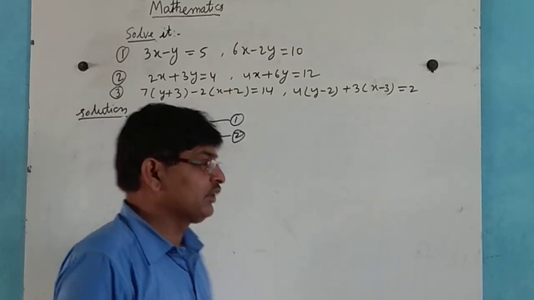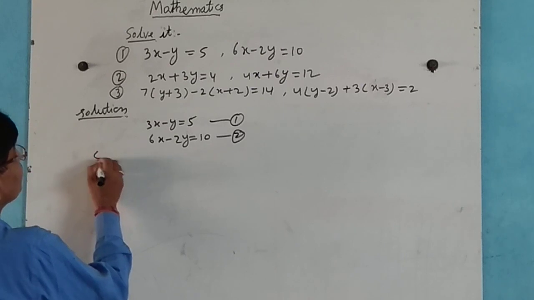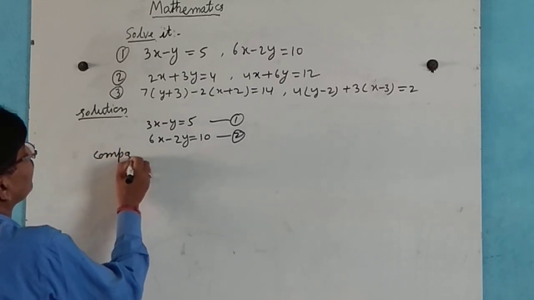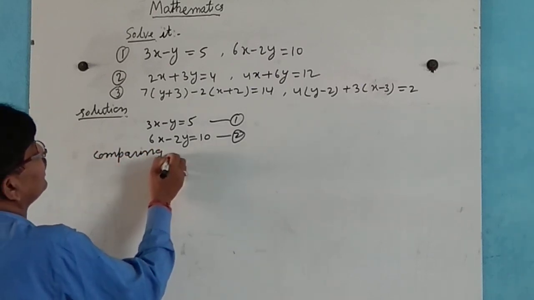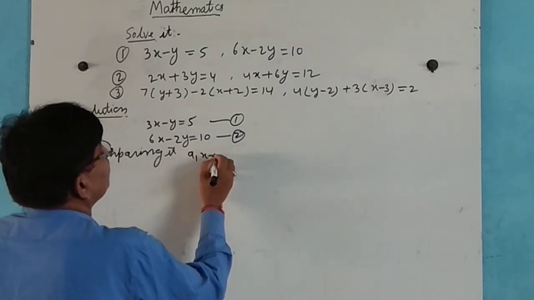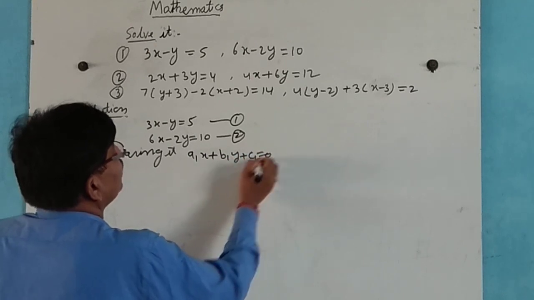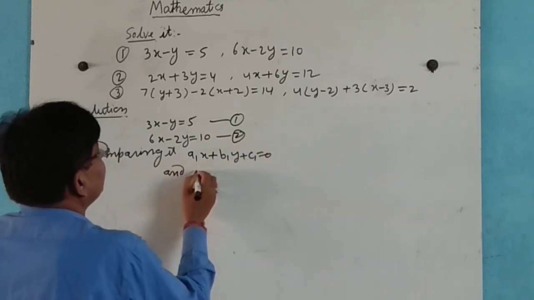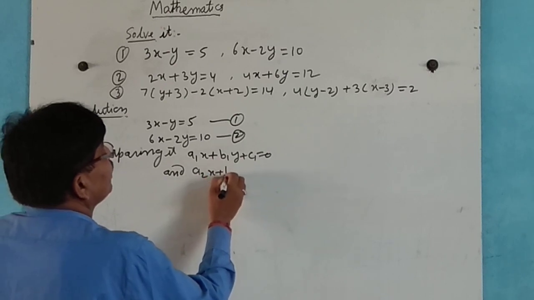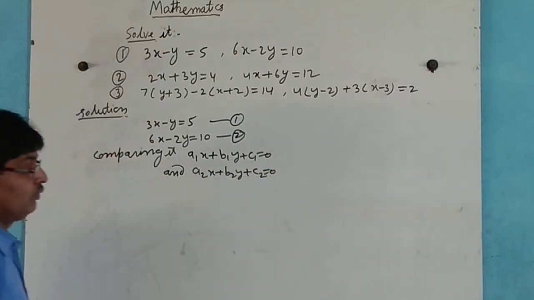Here, comparing it with a1x plus b1y plus c1 equal to 0 and a2x plus b2y plus c2 equal to 0.